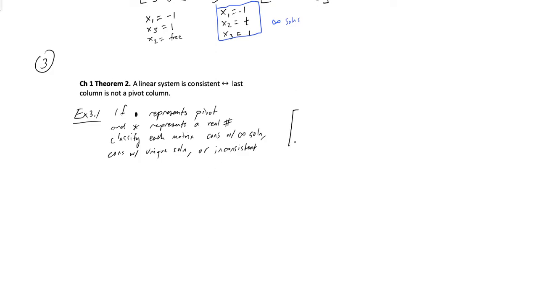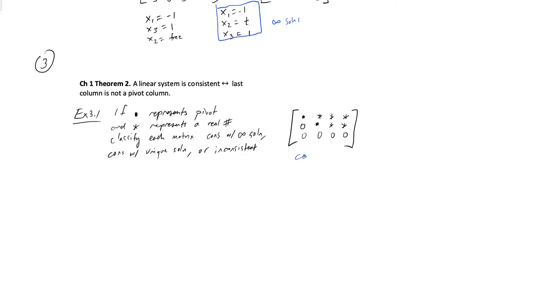So let's look at our matrices here. The first matrix is this matrix. Put some stars here. So this is consistent.